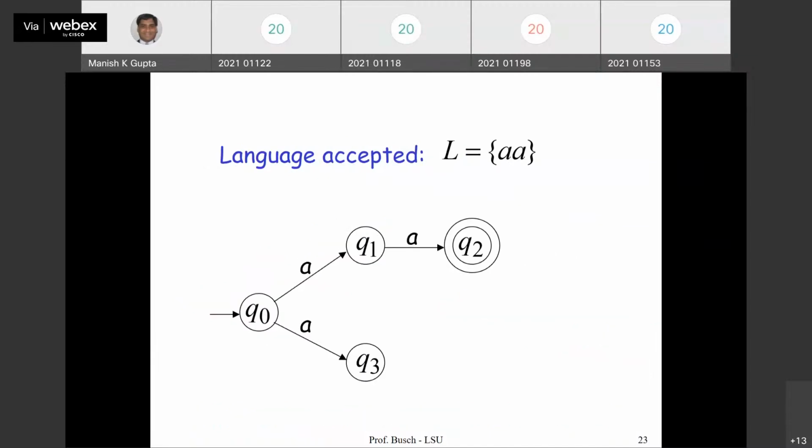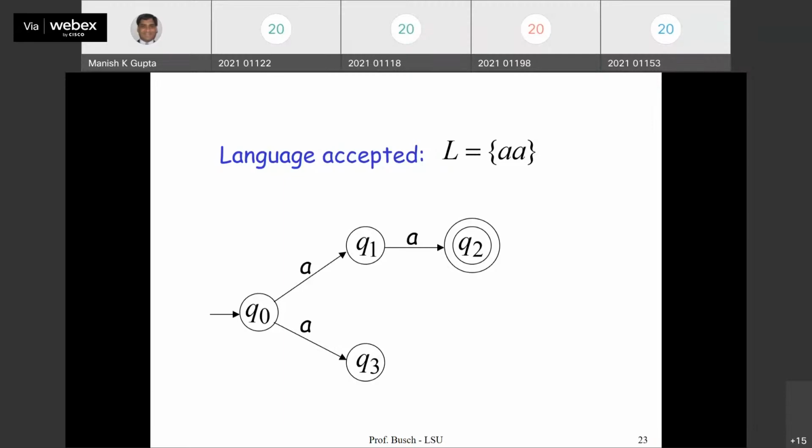If the language is AA, and the automaton is this, you can see that this is an automaton that accepts AA, because on one path of computation, you reach the final state. Input is consumed, right?